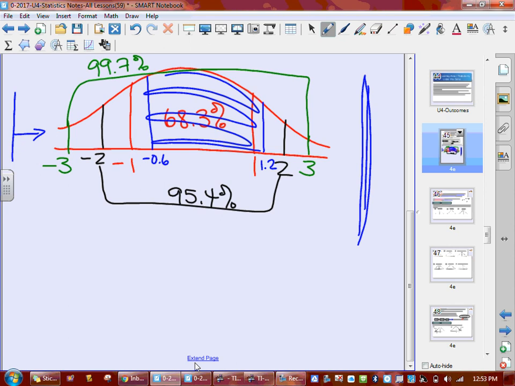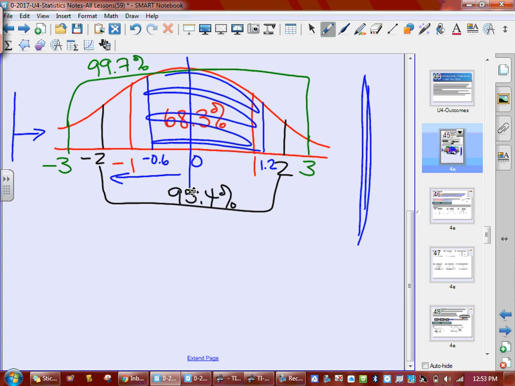Below the mean is everything to the left of 0, and above the mean is everything to the right. How much information is above the mean? 50%, exactly. If 100% is all of it, each side has to be 50%.